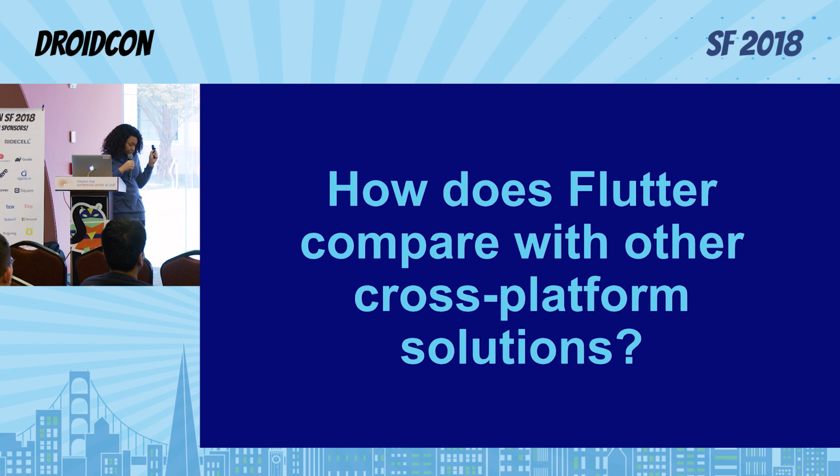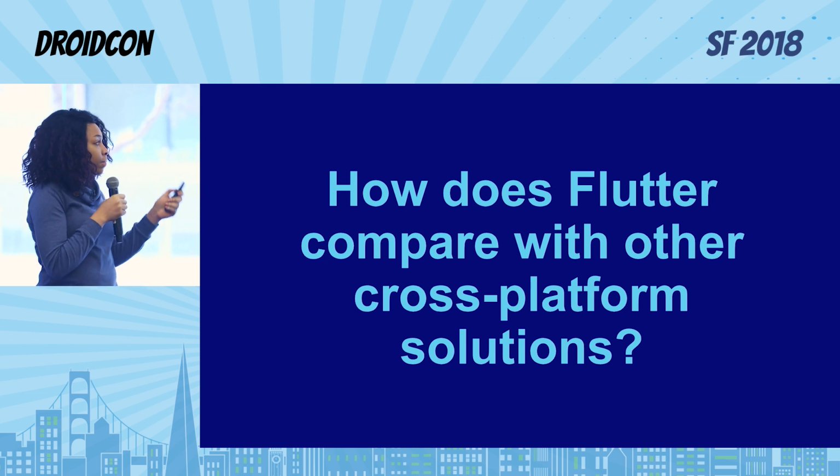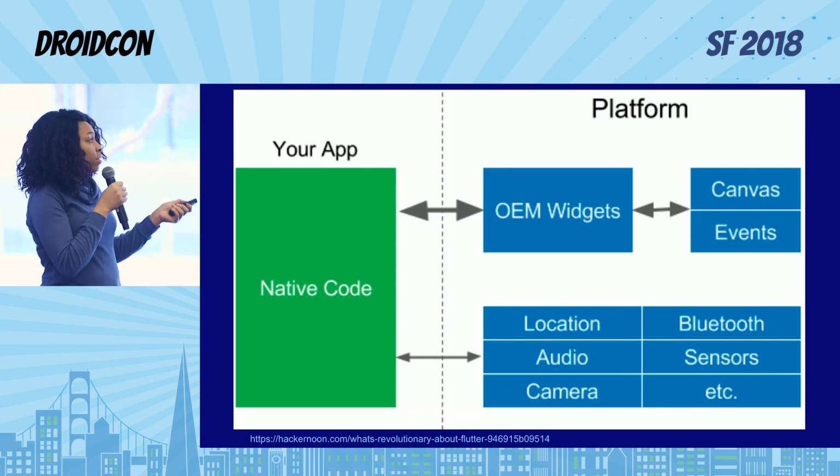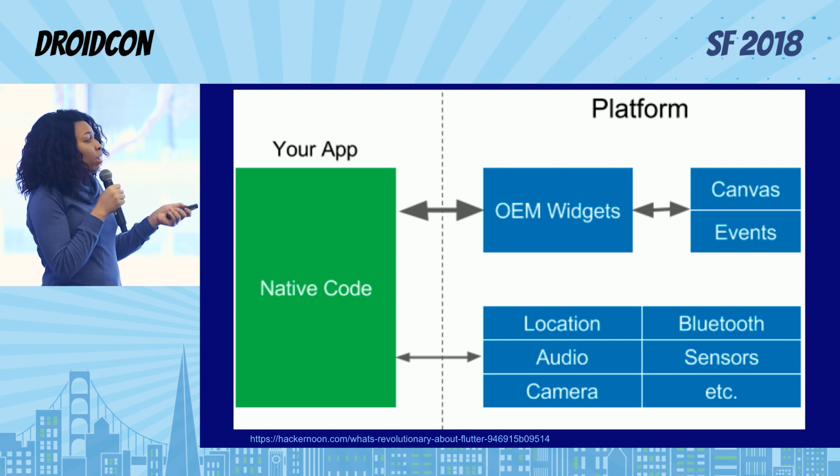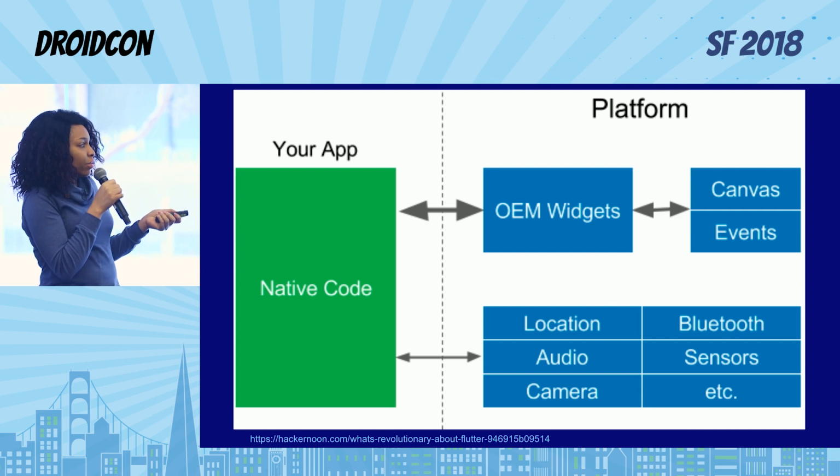On the screen, you see on the left, this is your app. So this is your native app, like your Android app or your iOS app. On the right, we have the platform, your phone's platform. So we have widgets, your canvas, and then the platform services.